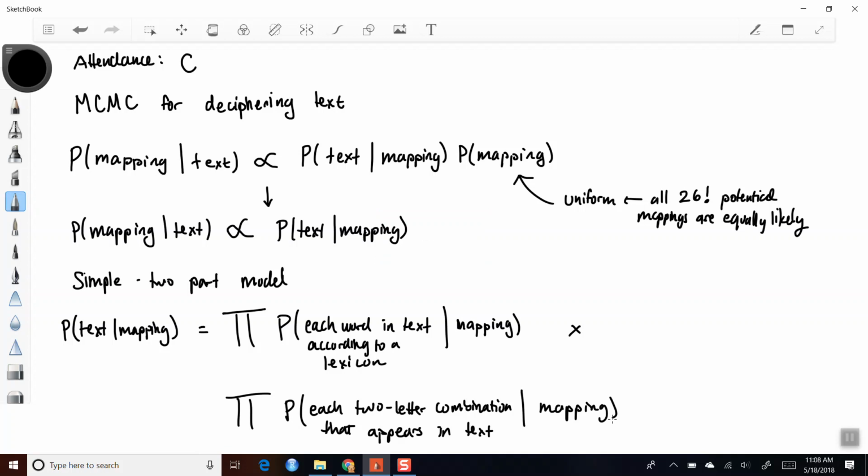Whereas probably your phone has text prediction on the keyboard, and that's based on something much more complicated. It's based on n-gram models, n-gram meaning n words in a sequence. For example, if you see the word going, what's the likely word that's going to follow?